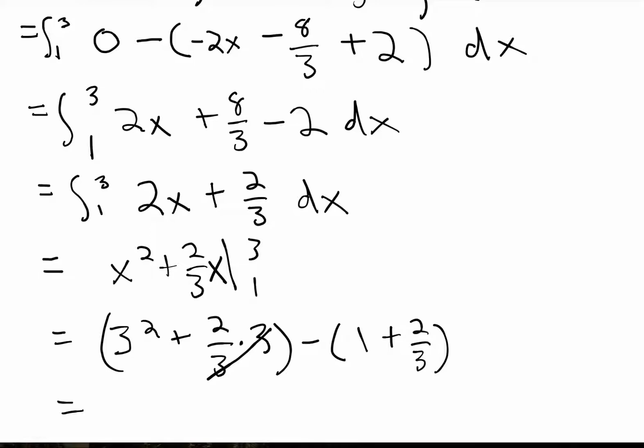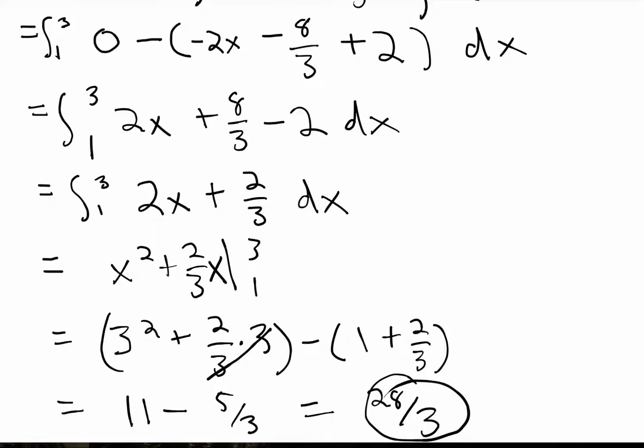This will look like 9 plus 2, so 11 in this first slot. Minus basically 3/3 plus 2/3, so minus 5/3 over here. This is 33/3 minus 5, so 28 over 3 should be my final answer for this particular question.